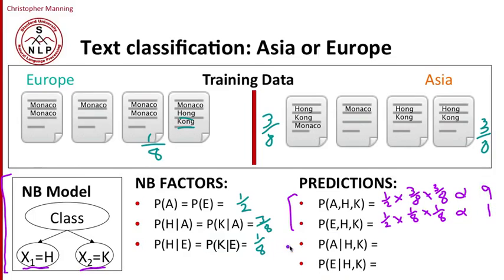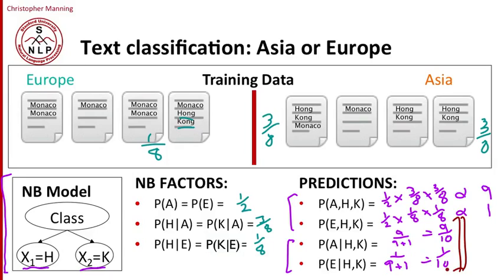When we work out the posterior probabilities, for Asia we get 9 over 9 plus 1, which is 9/10, and for Europe we get 1 over 9 plus 1, which is 1/10. Look at what's happened. The classifier is now giving 90% probability that it's an Asia document rather than just 3/4.